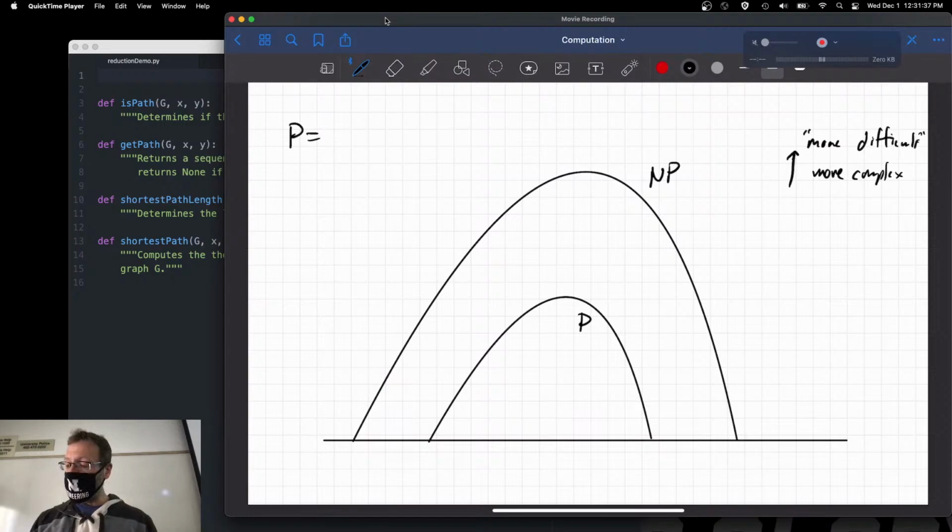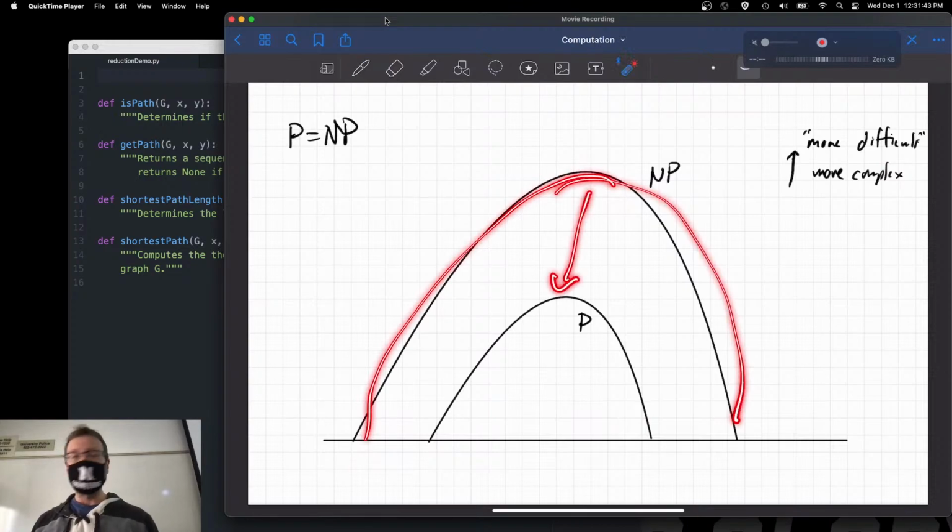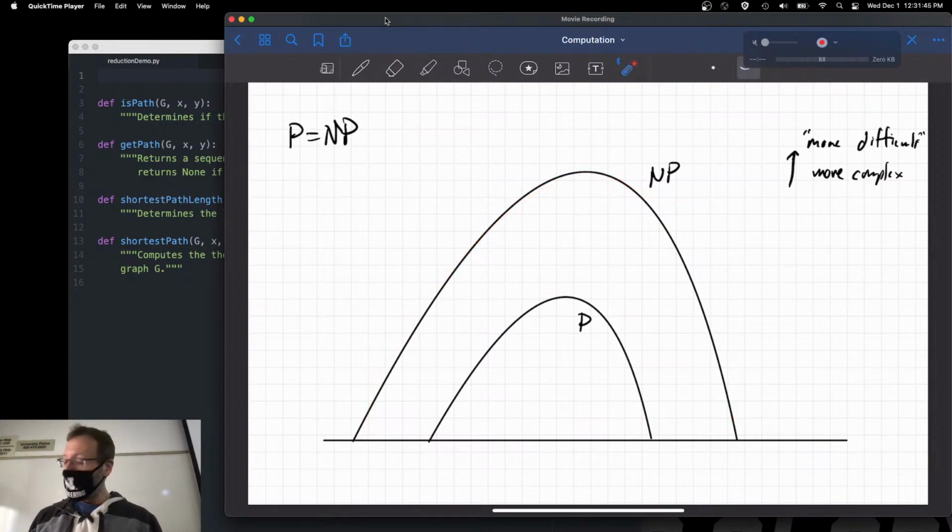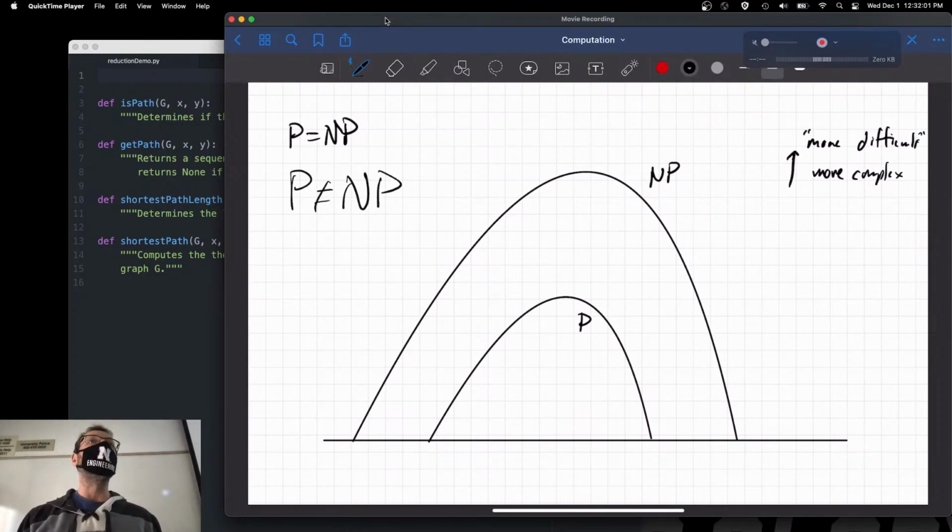It could be that P is equal to NP, and if that happens, then this entire thing up here collapses down to P. We don't know that. We also don't know whether there are problems in NP that are not in P. If we could establish that, then that would show that P is not equal to NP. And we don't know either one of these things.